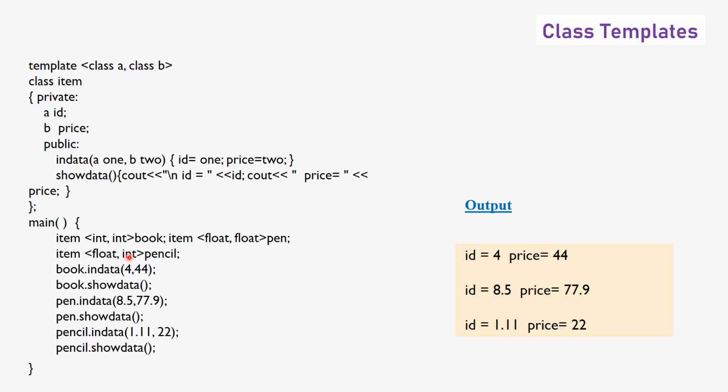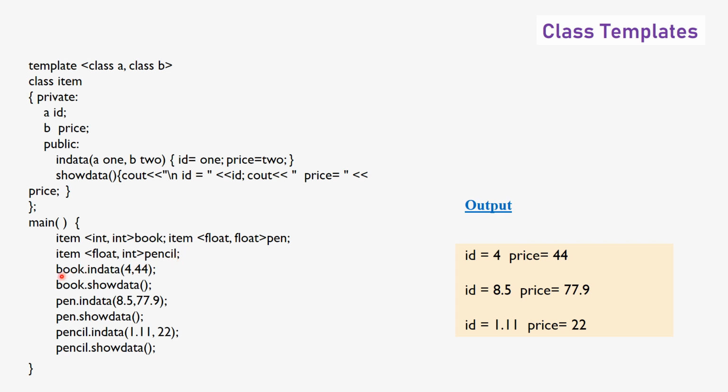So the type of the first template, meaning A, will be float, and the type of the second parameter, that will be the second template, will be integer for the pencil object only.